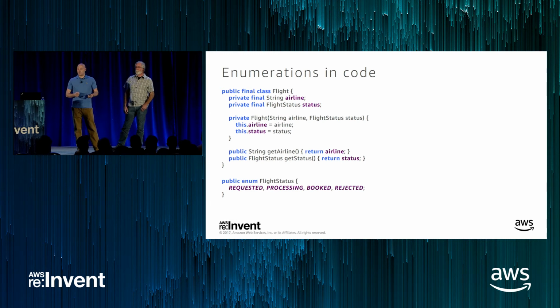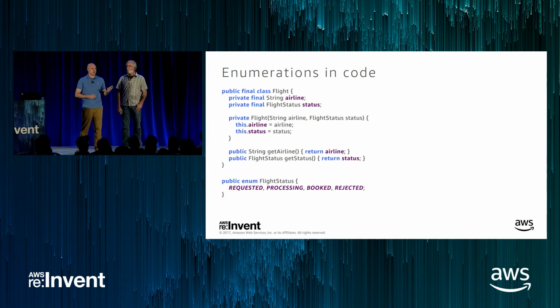So one way that we might want to model our flight status and our flight object in general is in this way. We've got the airline string, of course, and then our enumeration to represent flight status exposed as an enumeration. So when I call get status, I get that enumeration type, and as a customer, I know that this thing is an enum, and I know that therefore it has some possible values to it.